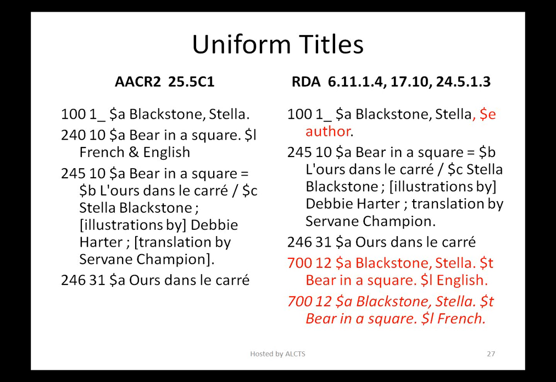Now, I want to point out also that giving the language of the original expression in an access point is not something we have done in the U.S. for AACR2. Library of Congress only gives the language of expression for a translation. And so this policy in RDA will need to be reconsidered if RDA is to be implemented in the U.S.